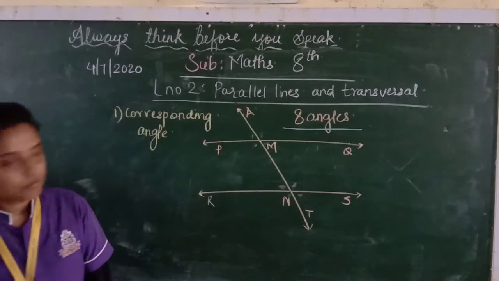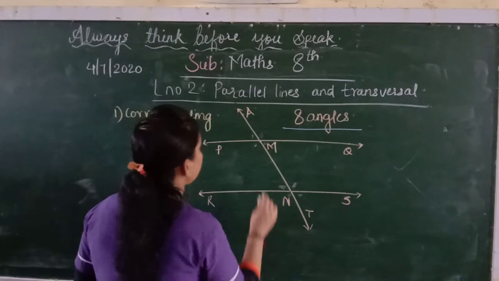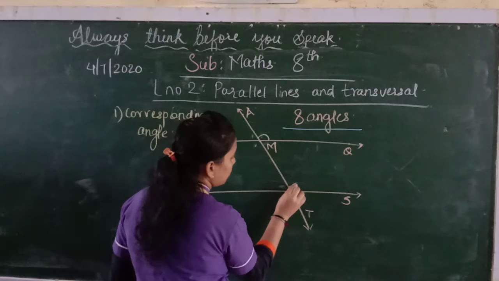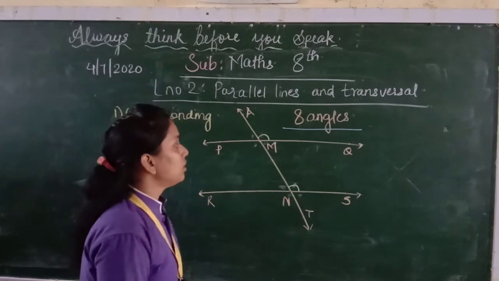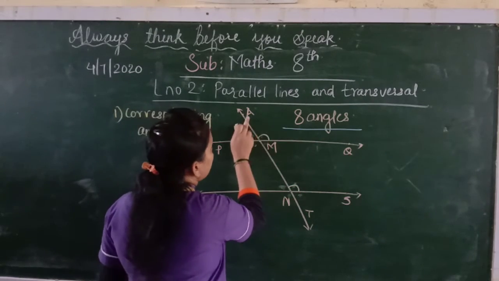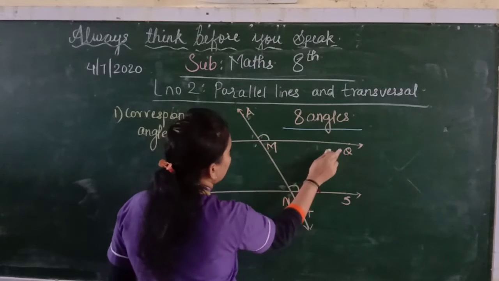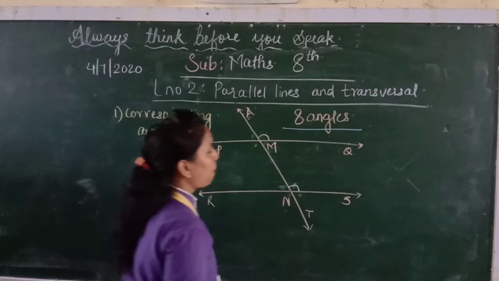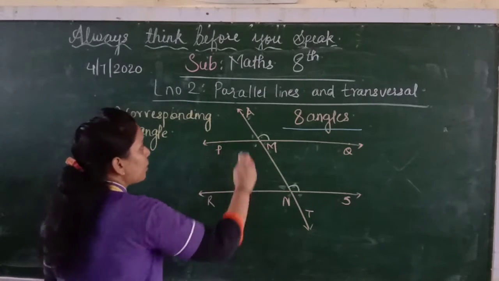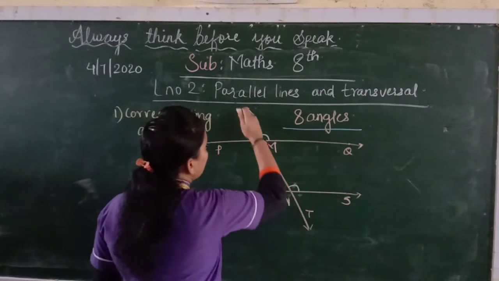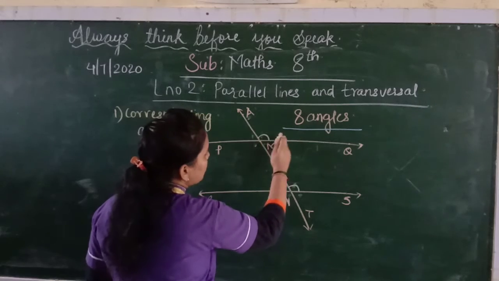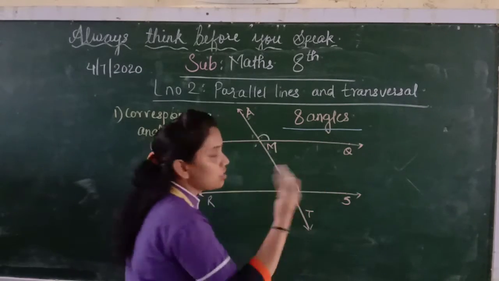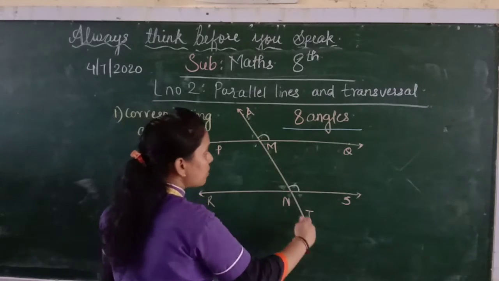Now, see here. These are corresponding angles, AMQ and MNS. If you can see this angle, the arms are in the same direction, and the other arms are on the same side of the transversal.